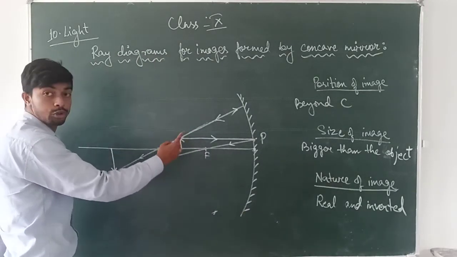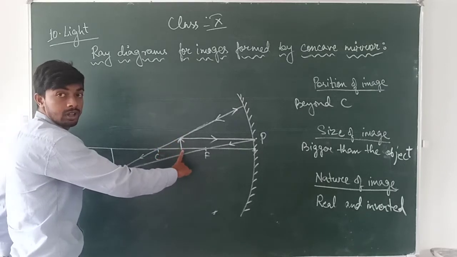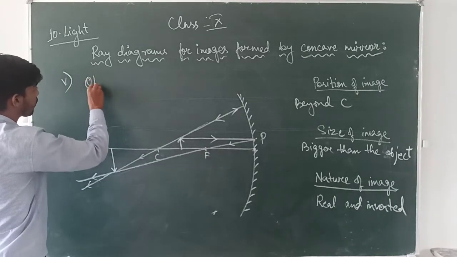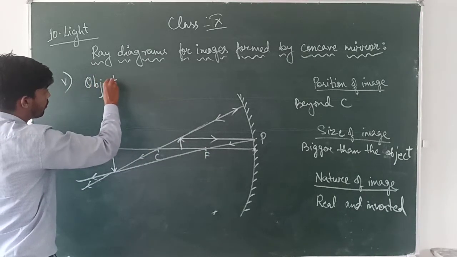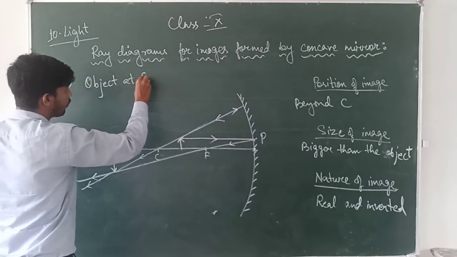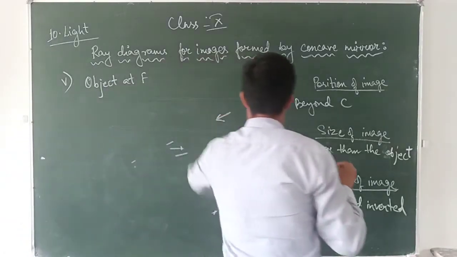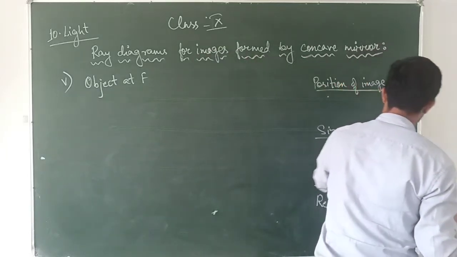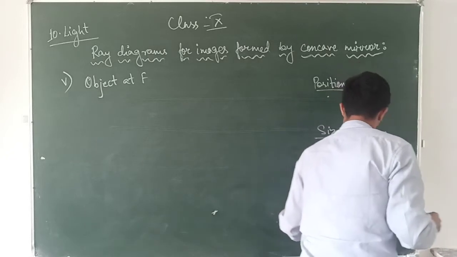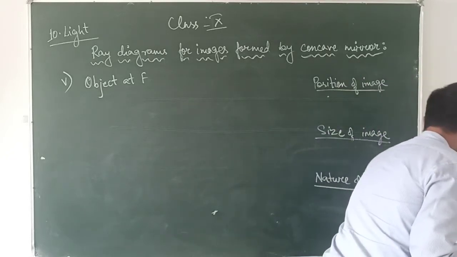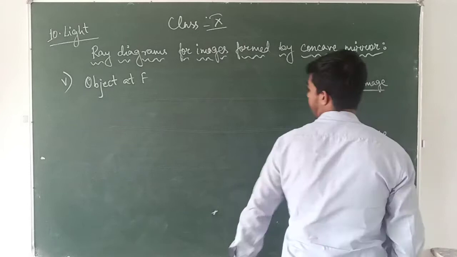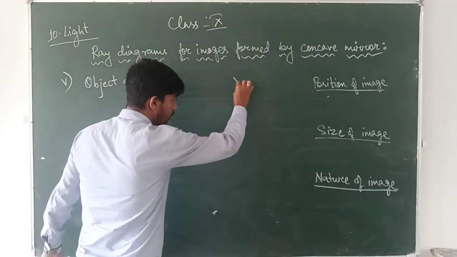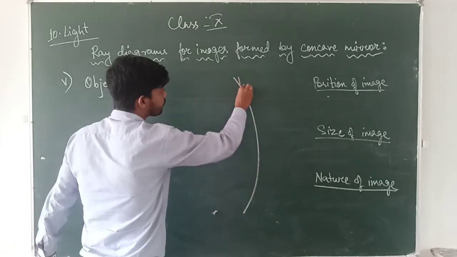Earlier in the fourth one, the object was between C and F. Now the object will come forward and will come at F. Object at focus, we will draw our mirror like this.